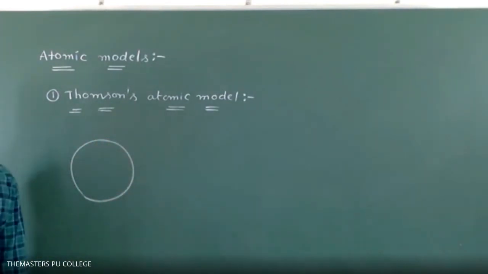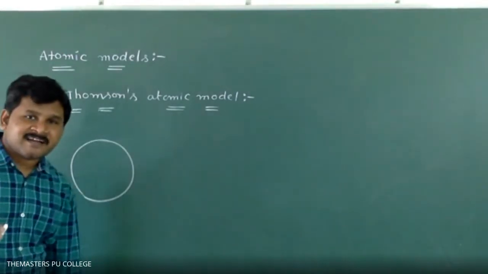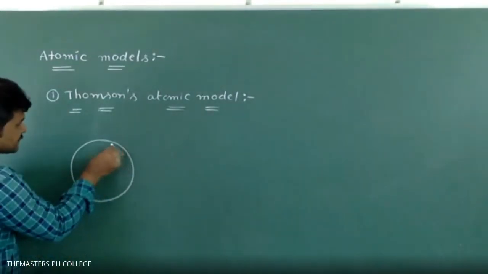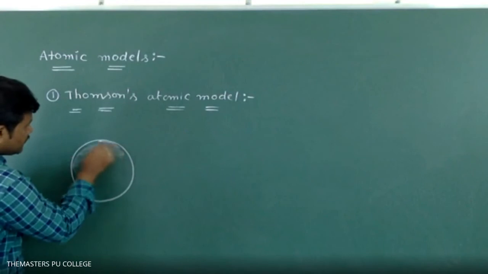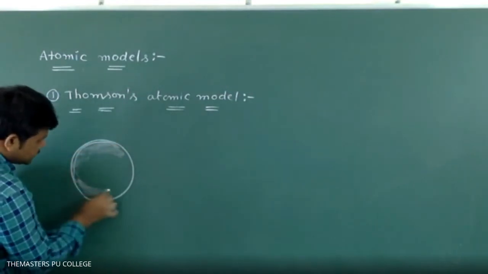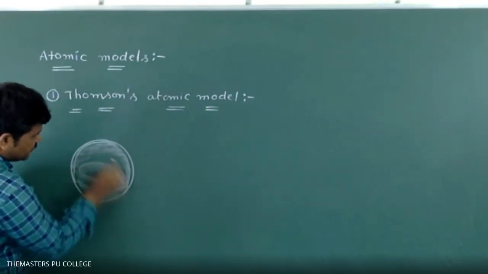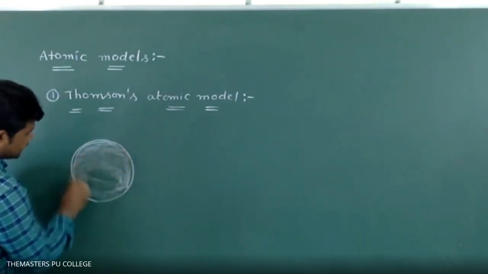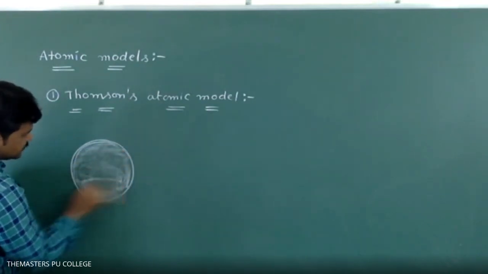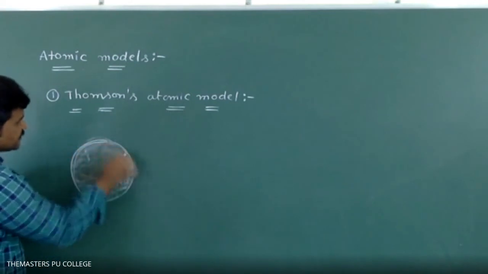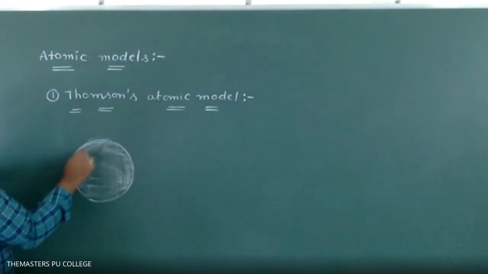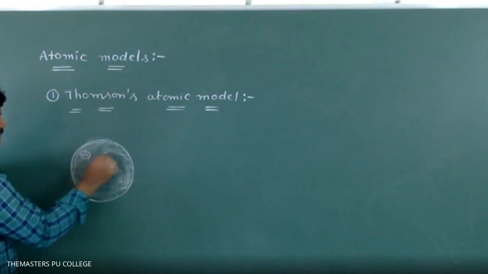Atoms are spherical in shape. In this spherical atom, positive charge is distributed uniformly throughout it, like this. This is positive charge.